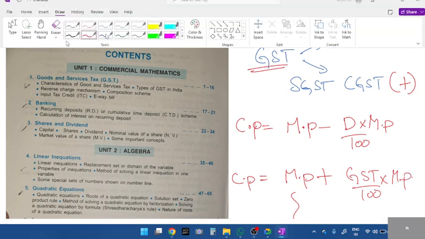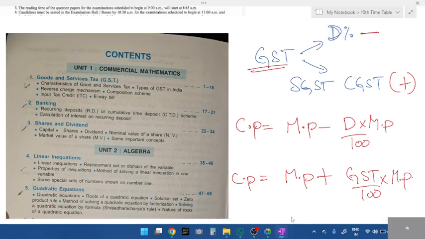Just these 2 formulas. Be quick. Write it now, later write it in a separate book, a 100 pages book, students. Buy a separate small book, 100 pages one. I'll write all the formulas, all the concepts.